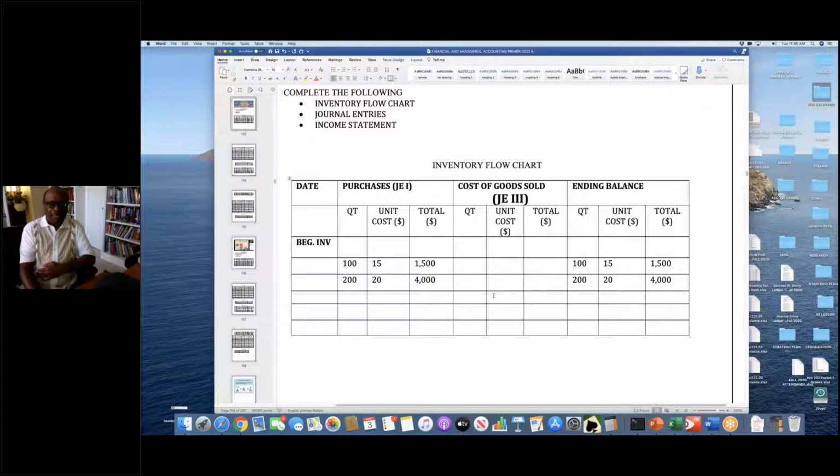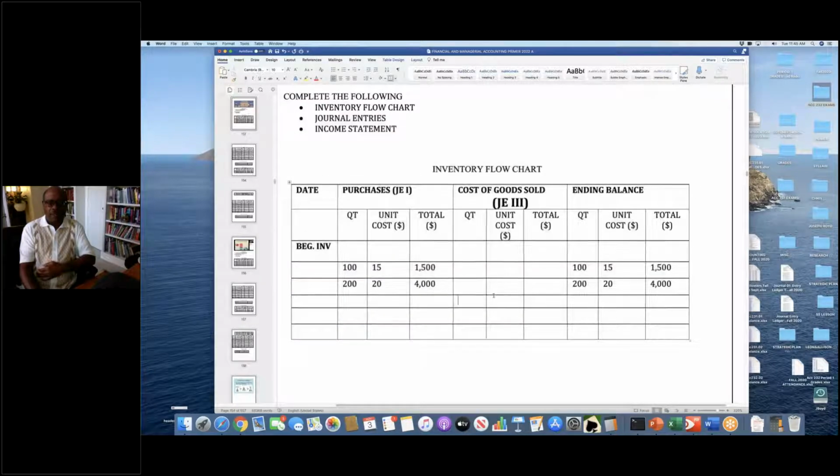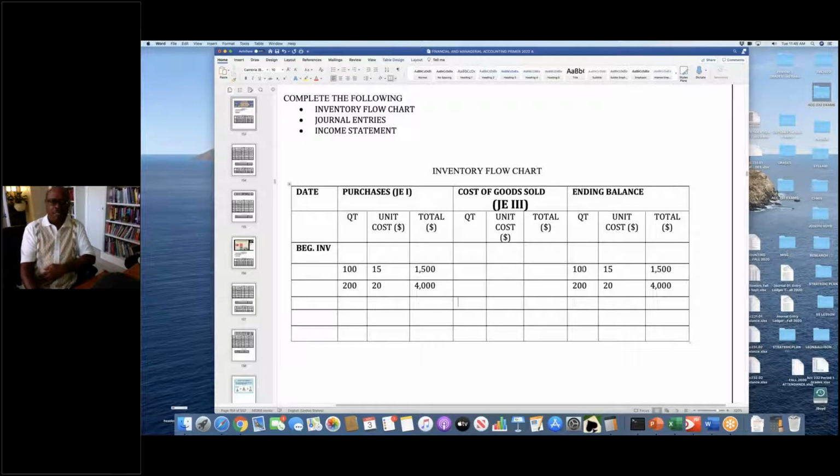So we sold 150 pairs of shoes, and we're assuming that we sold the oldest ones first. So we first get 100, because we're determining the cost, the amount for journal entry 3.